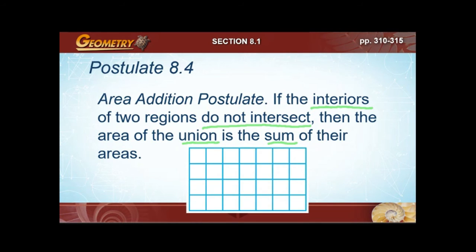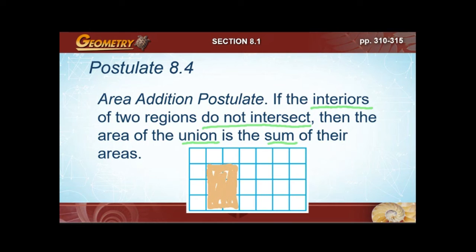What does this mean? So let's pull up our nice grid here again, and I'm going to color in. I'm going to get a fatter pen here. Let's say we have this region. Pretend that coloring goes all the way to the edges there.